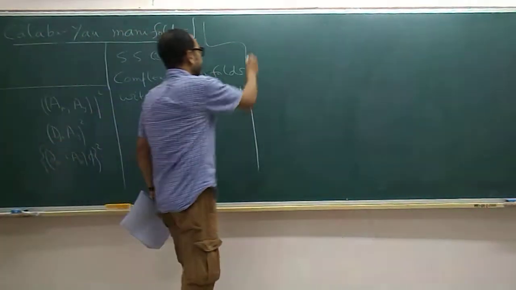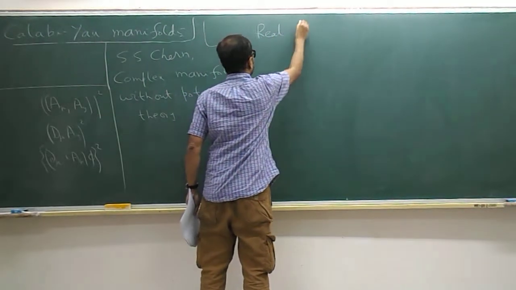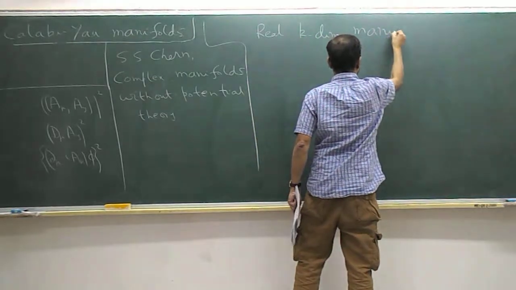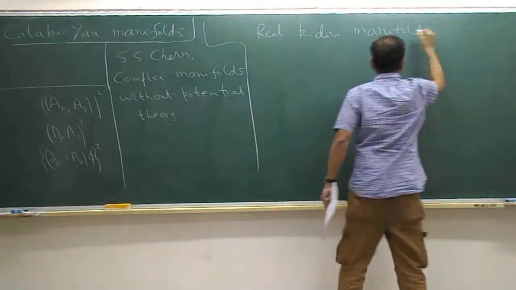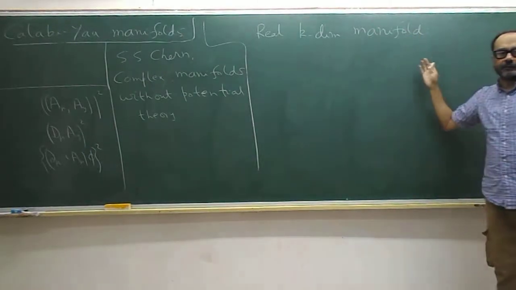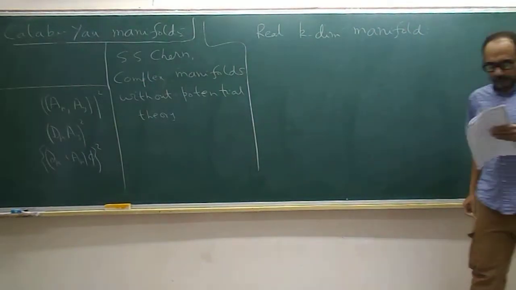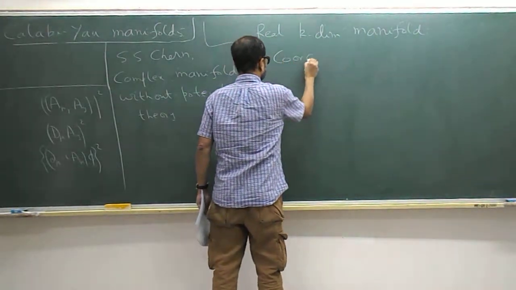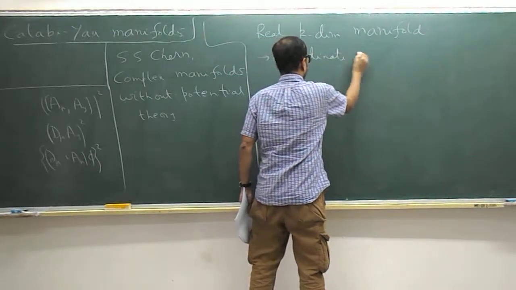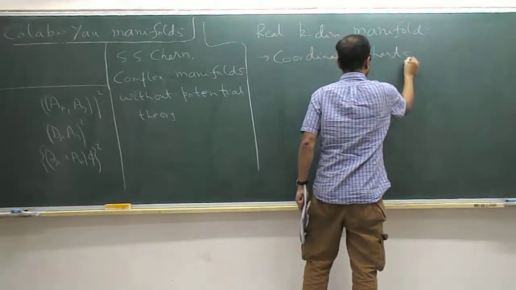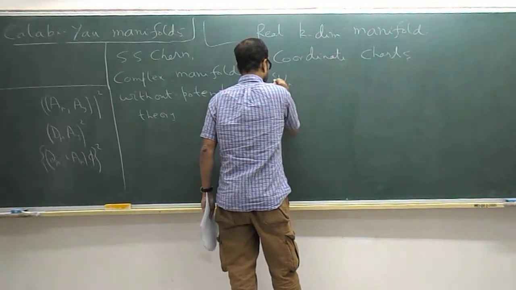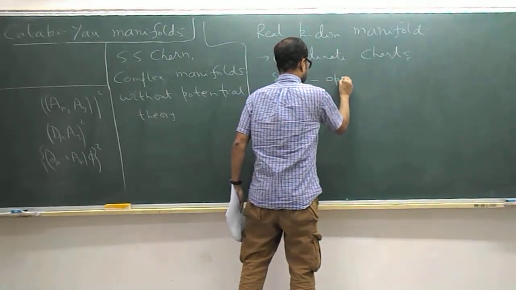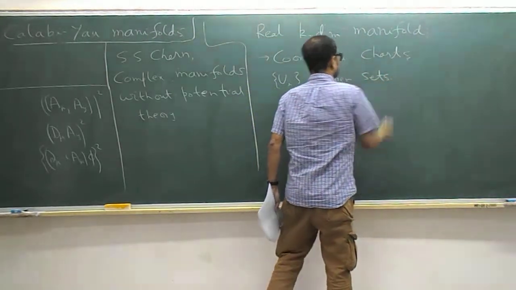It is basically described by a collection of open sets, a union of open sets or coordinate charts U_i.